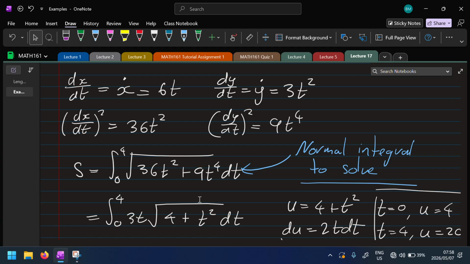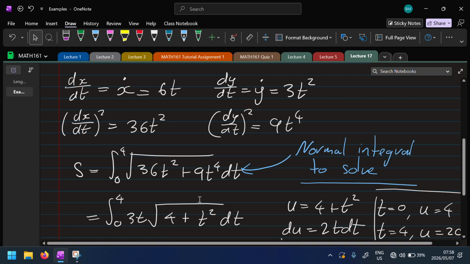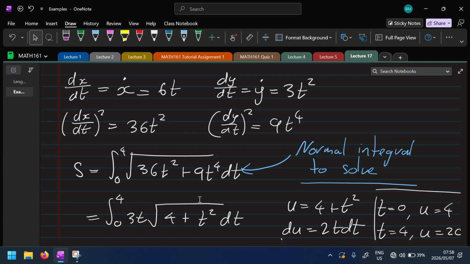It's going to be a trig integral to solve. So keep in mind, depending on what x and y are, you might need a trig substitution, or it might be a trig integral. It depends on what's given. Whatever integration techniques we covered before show up again here. And we'll see that in this next example.